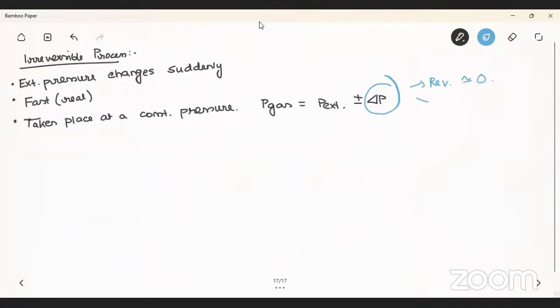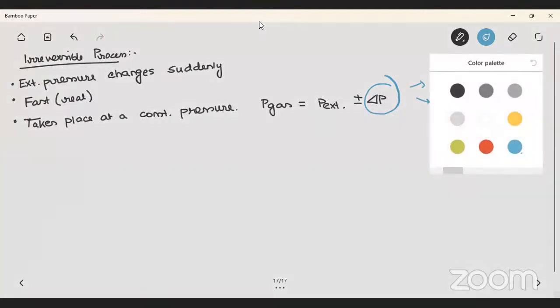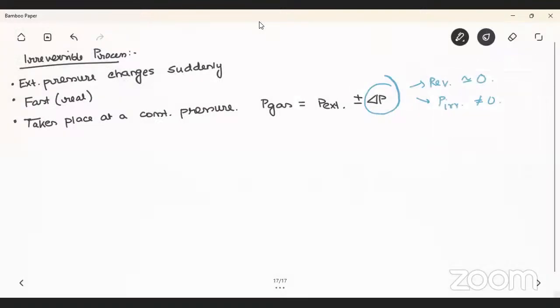Here for irreversible, this is not equivalent to 0. Most of the time, this is not equivalent to 0. This has a definite value. So P of gas is never equivalent to P of the external.